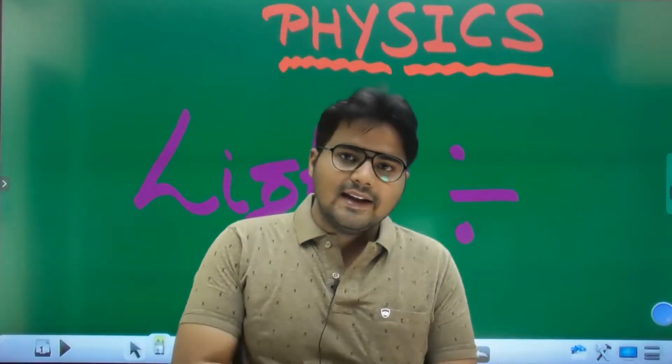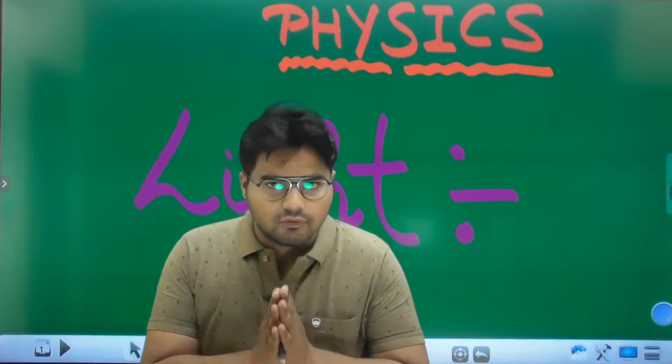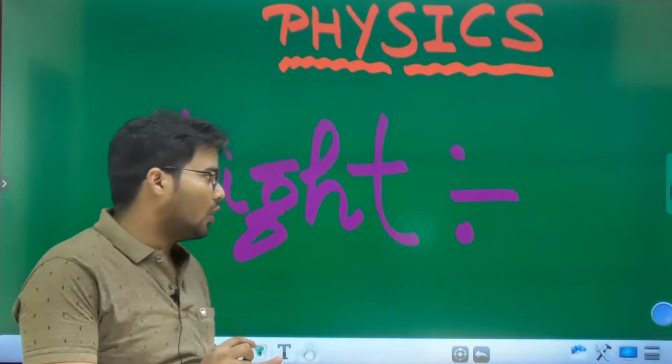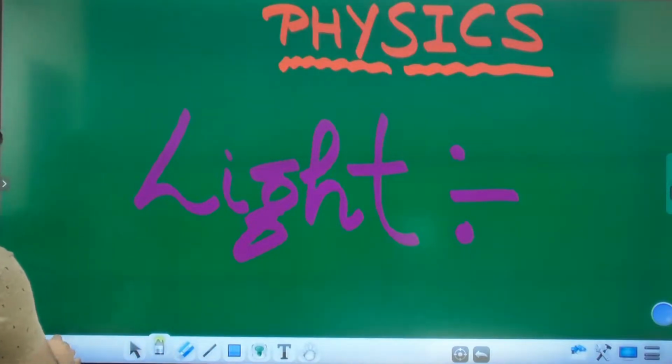So light is a form of energy which enables us to see. Now move to the next slide.